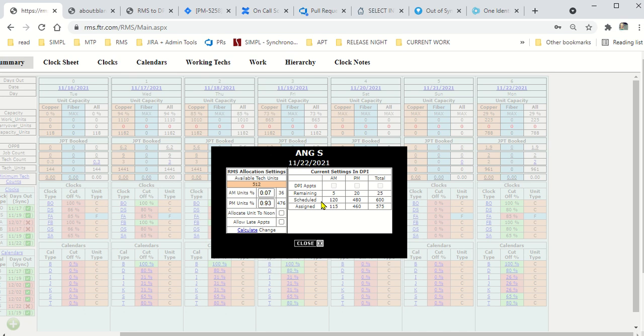When I do 480 minus the current work, 165, I get 315. I can't, because 60 is less than the minimum units, and the minimum units is 115. We can't put in 115 DPI in this configuration, so it becomes 120. So that's where we get what we want the remainder to be, 120 on the AM. Are we with me so far?